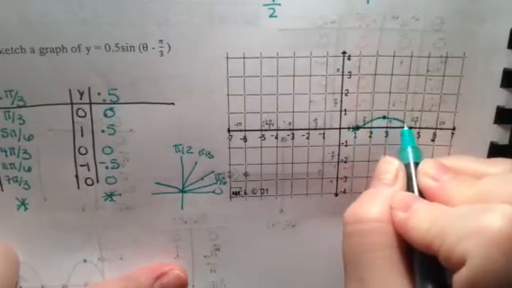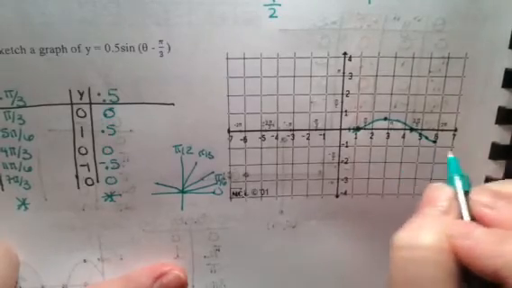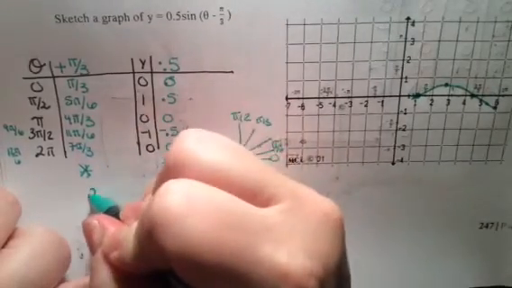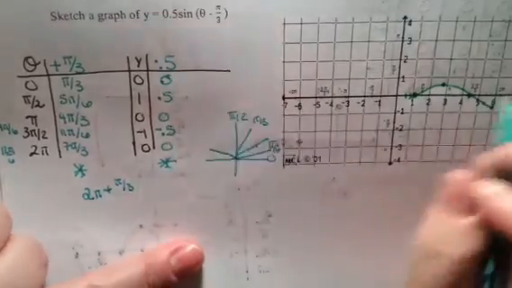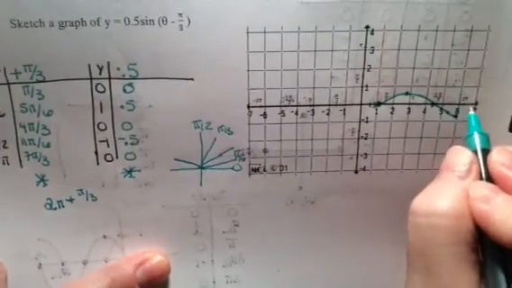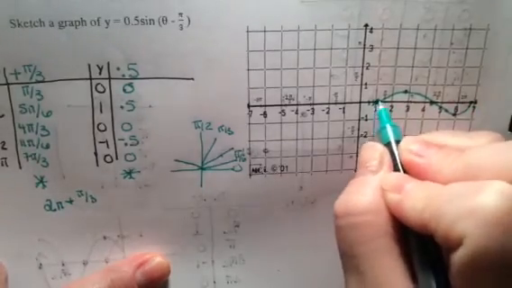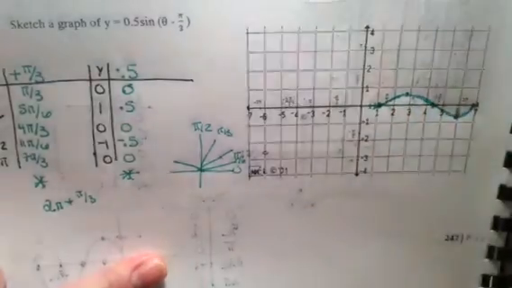So now you have that much. And then 7 pi over 3, which is right here. 3 goes into 7 2 whole times, so you have 2 whole pi and a pi over 3 more. So you're past 2 pi and at pi over 3, so like right there. So here is your sine wave, like that.